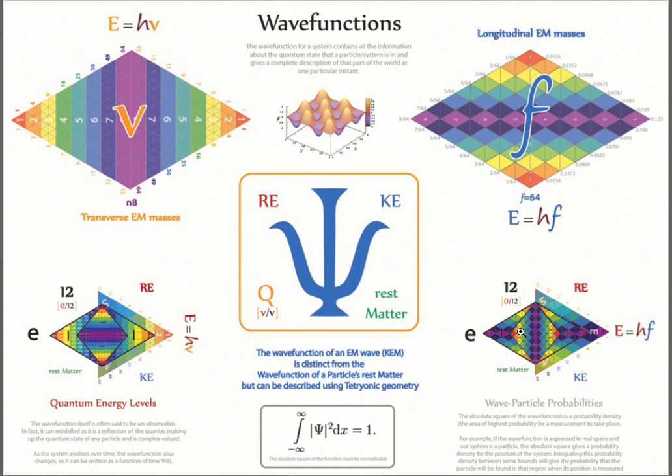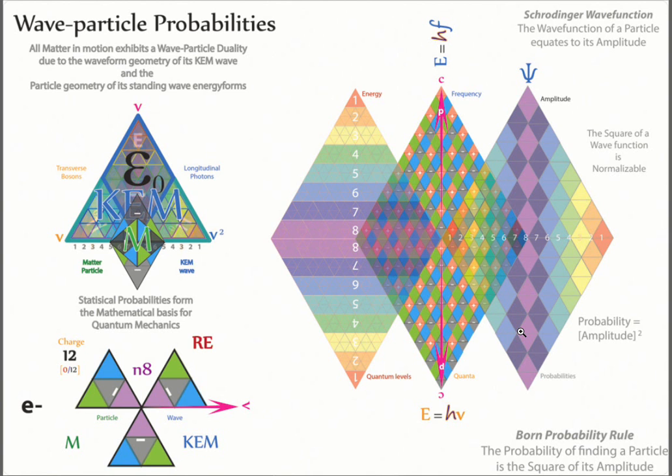Whether it's an EM wave, or the energy momenta within an EM wave, or the energy momenta within a chem field, all that changes is the geometry of the net fields.